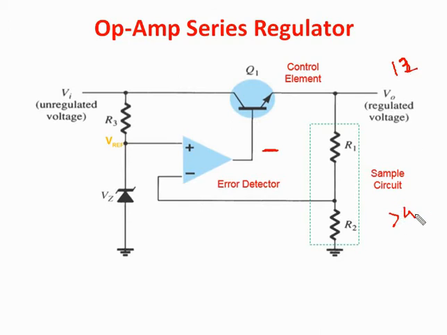At 12 volt it is equal to 4 volt, so there is no error signal, so we get a constant 12 volt output DC voltage regardless of the change in the load.